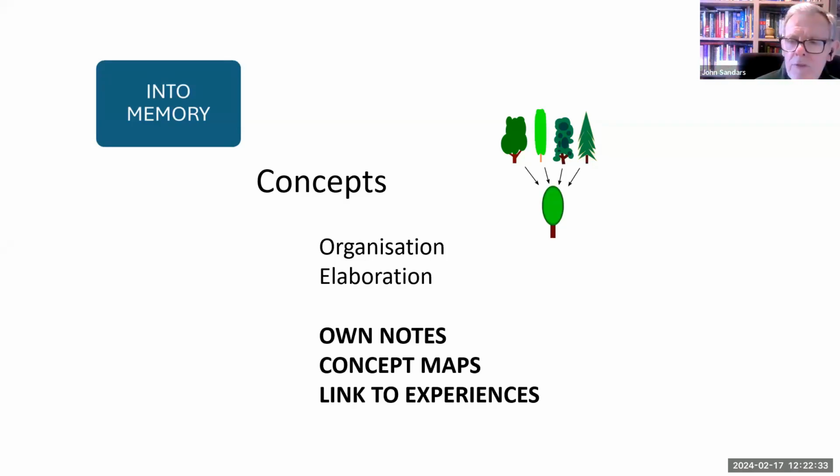So how do we develop this conceptual understanding? The first thing we need in the brain is organization and elaboration. Before this presentation, I was talking to Professor Shabi about neuroscience.